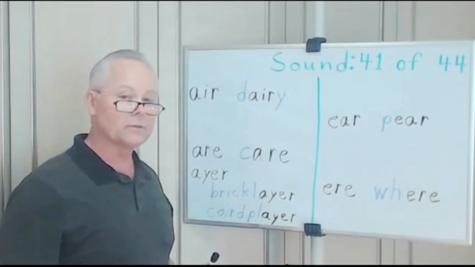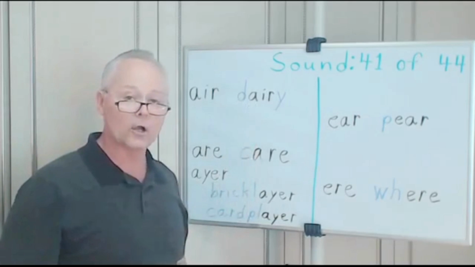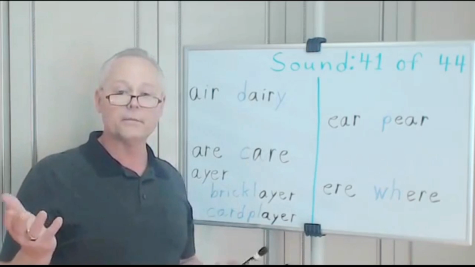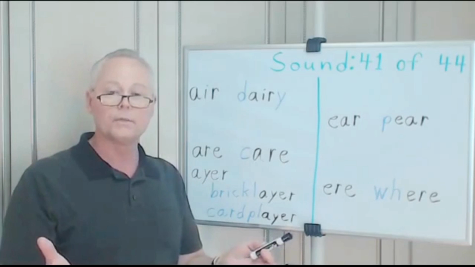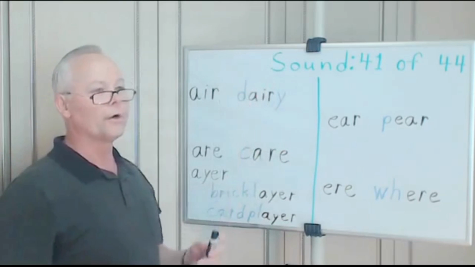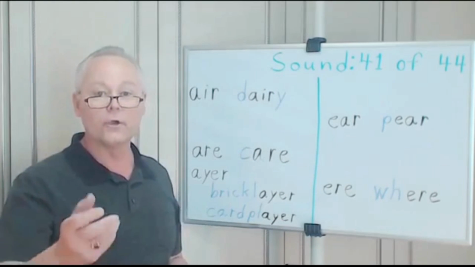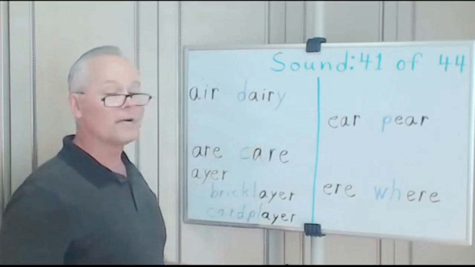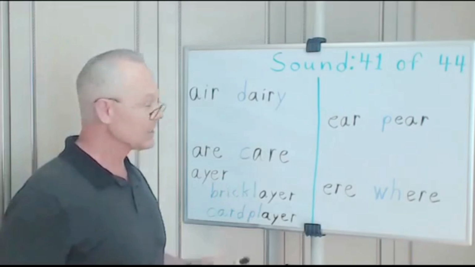If we put it in this word, we have the word dairy. What is dairy? Dairy, products that come from the milk of a cow. Ice cream, butter, yogurt, cream, just plain old milk.